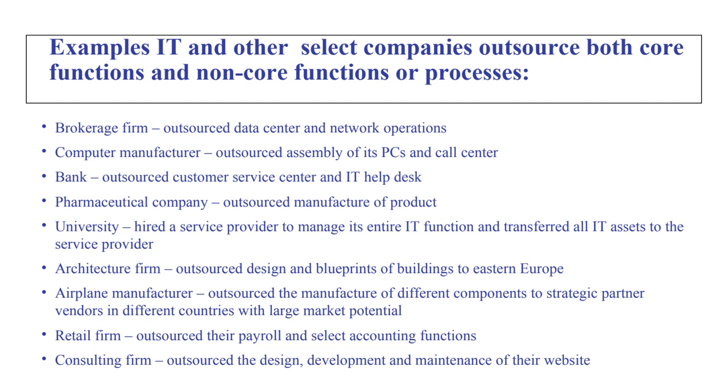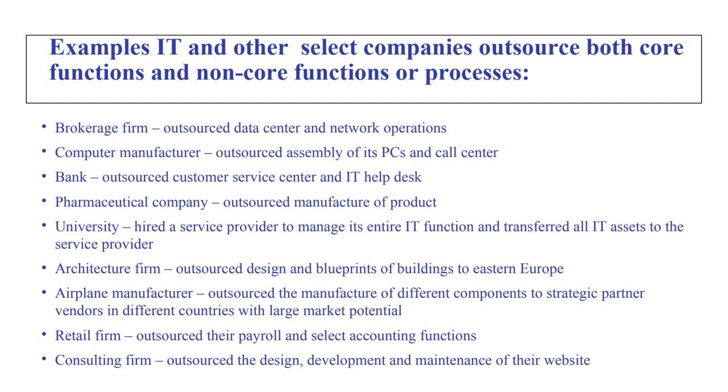Here we have some examples of companies who outsource core or non-core functions. For example, a brokerage firm. We will have more examples in the activity. They outsource data center and network operations. What is this, core or non-core? It's a core business.